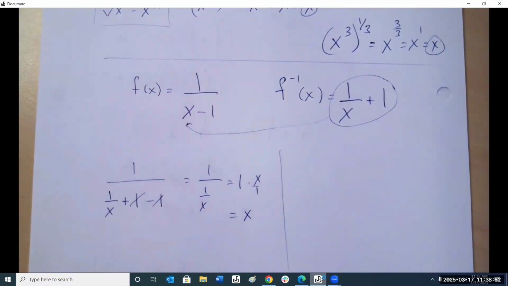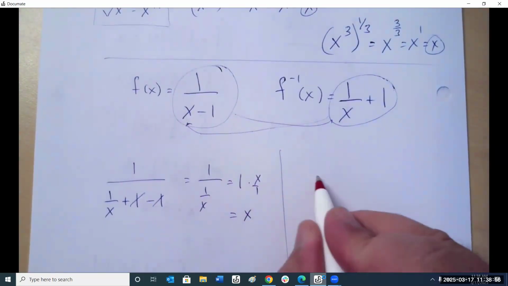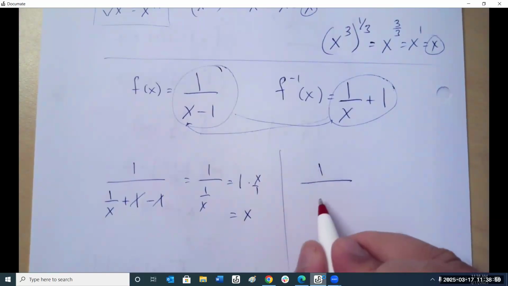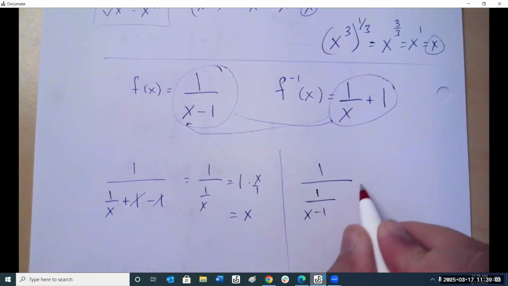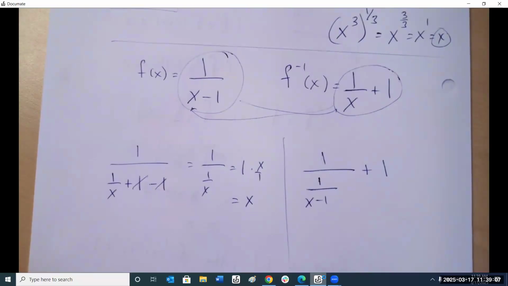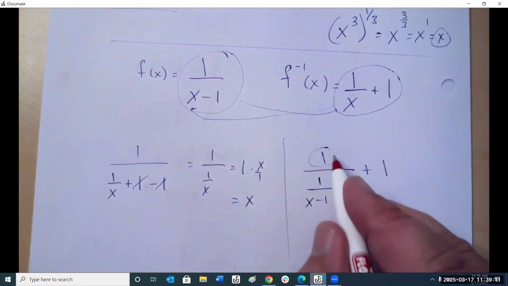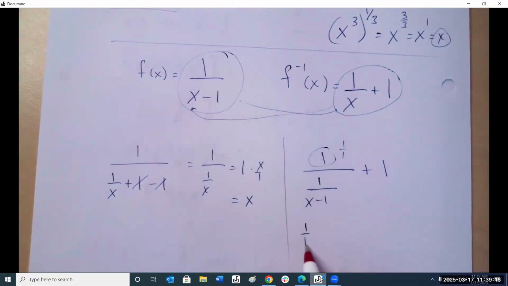That's the first part. We do the same thing. Take this, put it in place of there. So I take the top of the top fraction, leave it alone, flip the bottom.